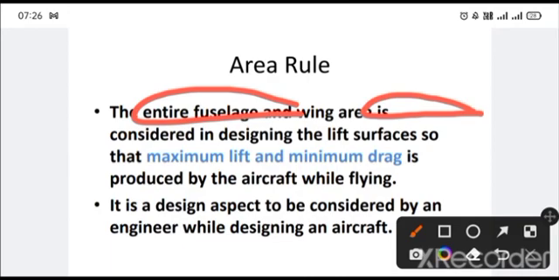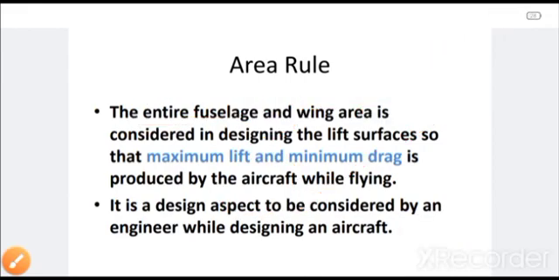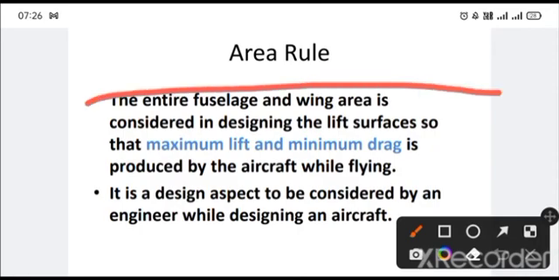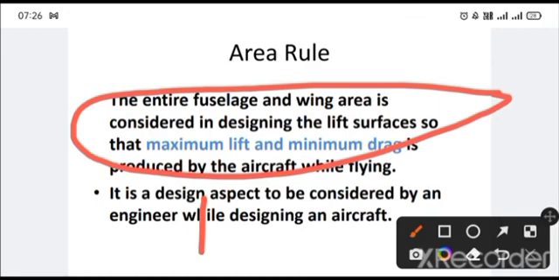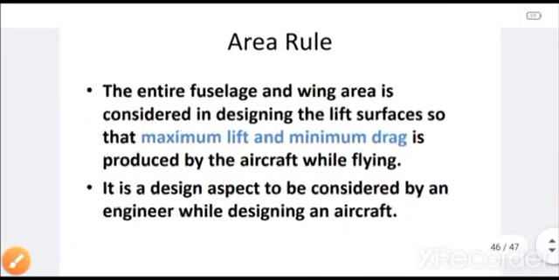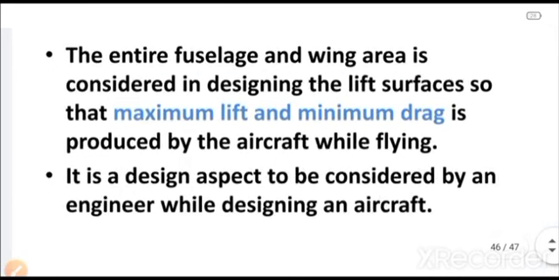Even the fuselage structure should be given some streamlined shape, like this, where it can actually generate some sort of lift. So the entire aircraft area should be used to generate lift, so that will be a better output, where the entire area of the aircraft generates lift.